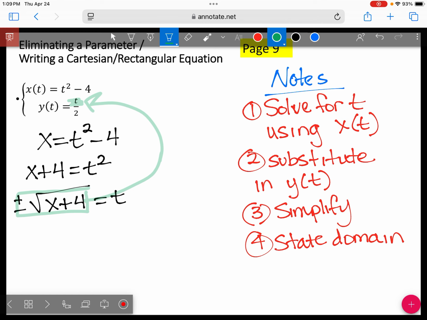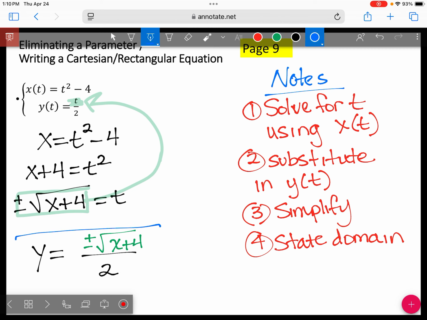It's just going to go right there in the numerator. So this is a really easy y parameter. So my equation would be y equals, and then in the numerator, in place of t, because that's what I'm doing, I'm substituting for t, I have plus or minus the square root of x plus 4. And that's my equation. So if I were to graph this on an interval, that would be the equation of the curve or the motion.